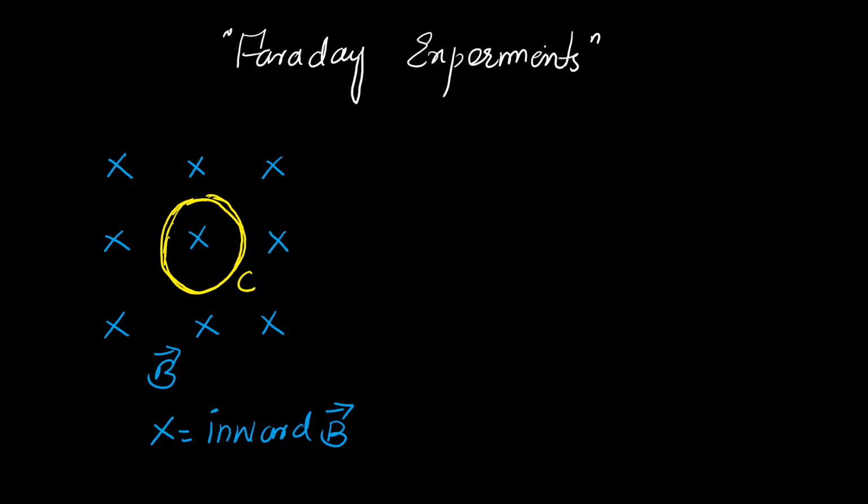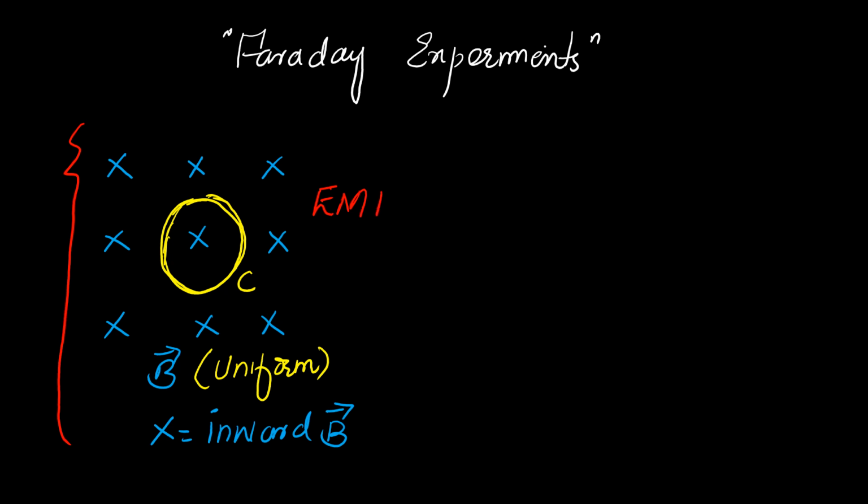Since the field is uniform, Faraday observed that whenever the conducting coil is placed in a uniform magnetic field, there is no change in induced electromotive force, or no production of electromotive force, and hence the current in the coil will be zero.